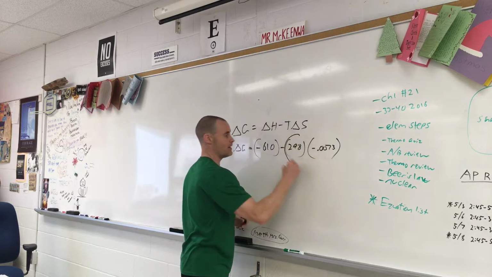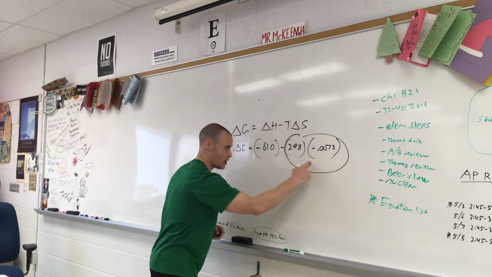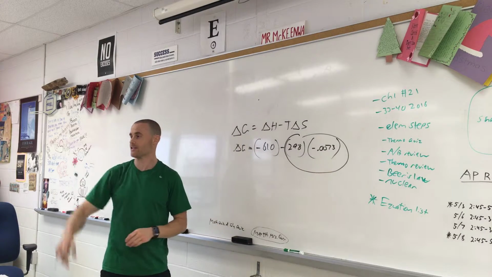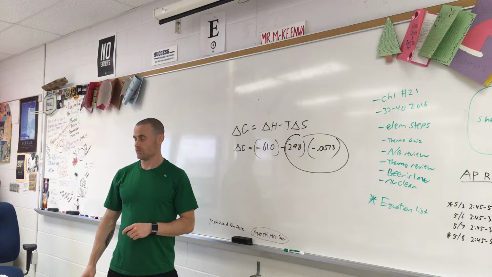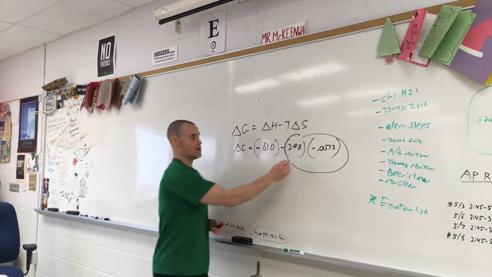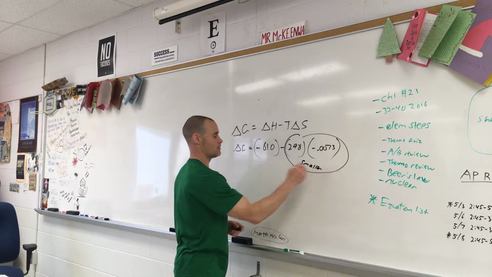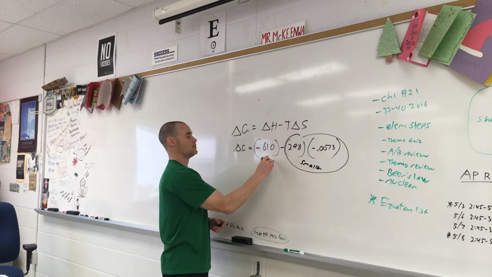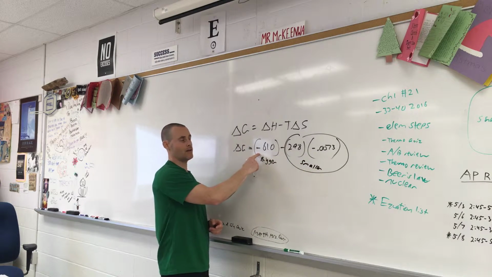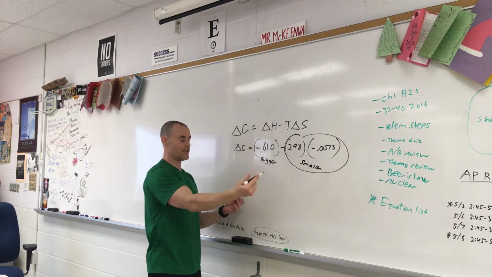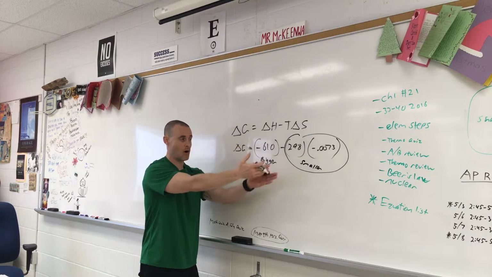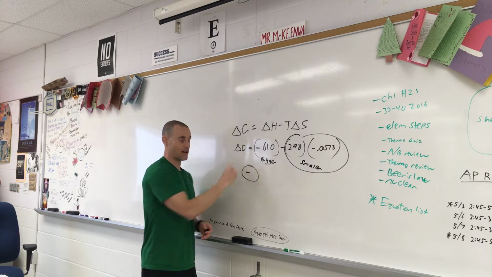If you multiply these together, is this going to be smaller or bigger than that number? Forget the sign. It's going to be smaller, because you multiply by 0.007. So this is smaller, this is bigger. If you have a bigger negative minus a smaller negative, essentially you have a big negative and a small positive, so delta G is going to be negative.